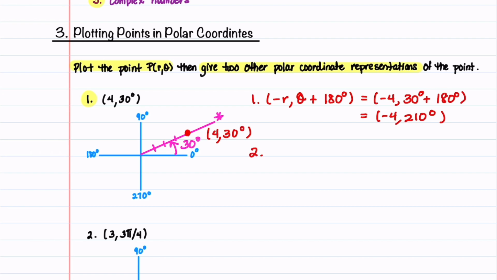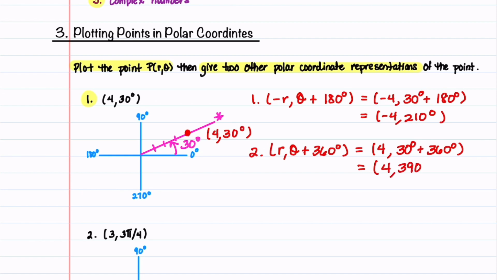Our second representation can be r, theta plus 360 degrees. This gives us 4 and then 30 degrees plus 360 degrees, which gives us the point 4, 390 degrees.